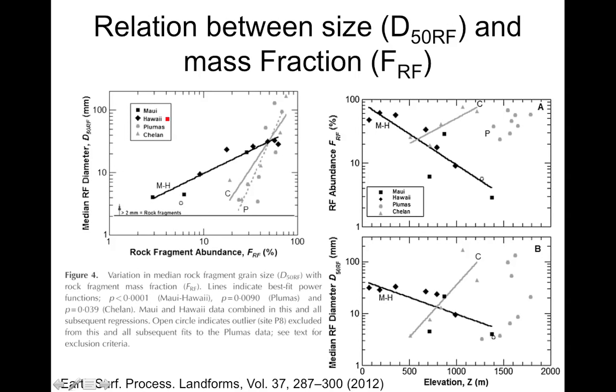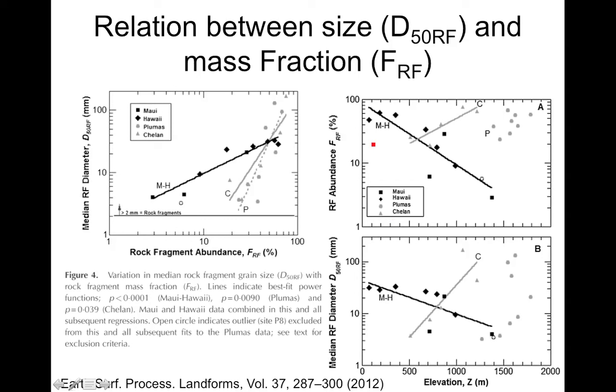So Maui, Hawaii, and some other places, I don't know where they are, Plumas and Chilan. But they found, generally speaking, as the rock fragment abundance increased, then the mean rock fragment diameter increased.